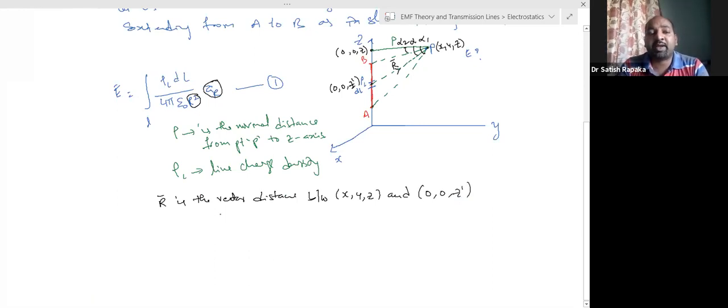So r bar is the vector distance between these two points, x, y, z and 0, 0, Z dash.